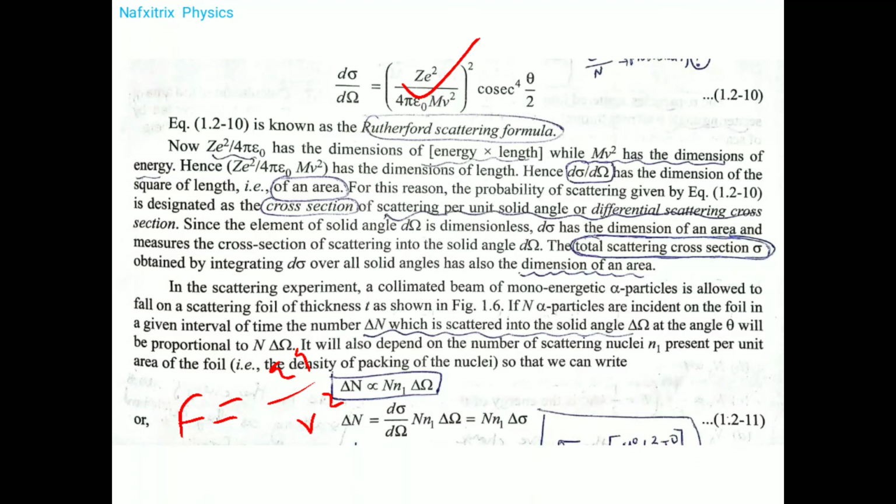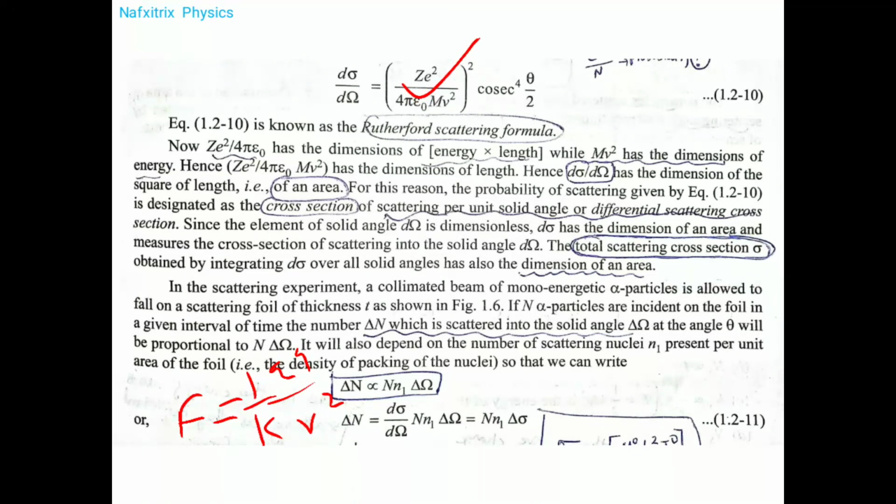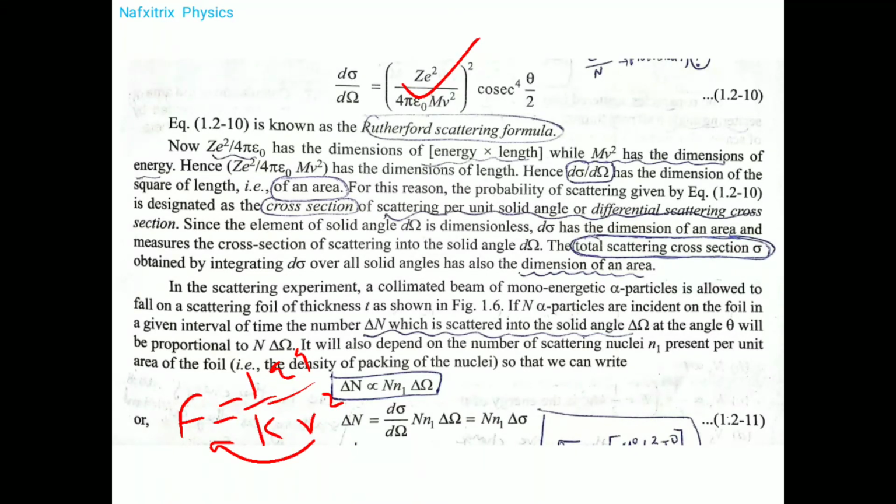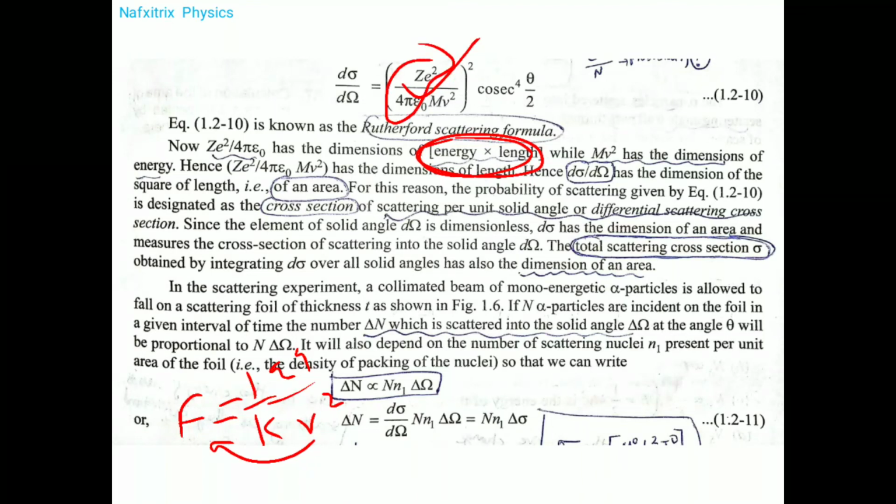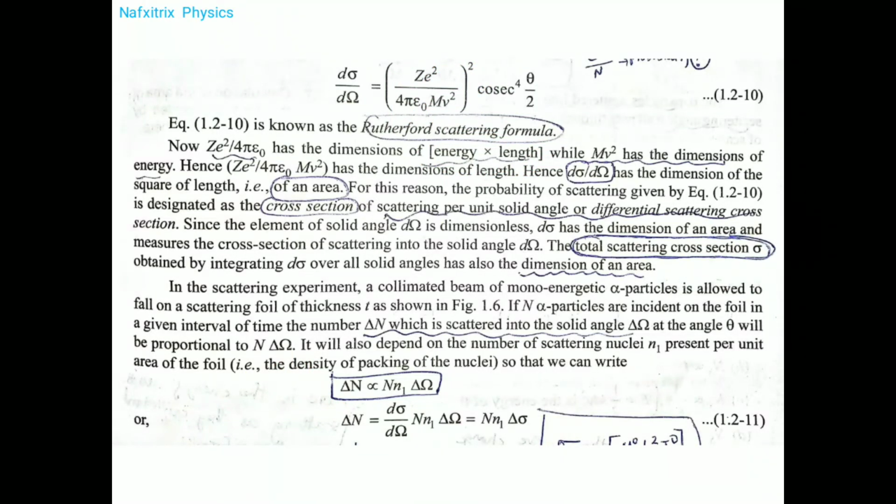If we send this r square to that side, force into r square, and force into displacement is energy, so energy into length. That's why this is having the dimensions of energy into length, and this has the dimensions of energy. So energy into length divided by energy is nothing but length, and squared it is length square. So this has the dimensions of length square, that is area. Hence it is indicated with cross section, and hence we say differential scattering cross section. Cross section means area, because it has the dimensions of area. That is the meaning of this.